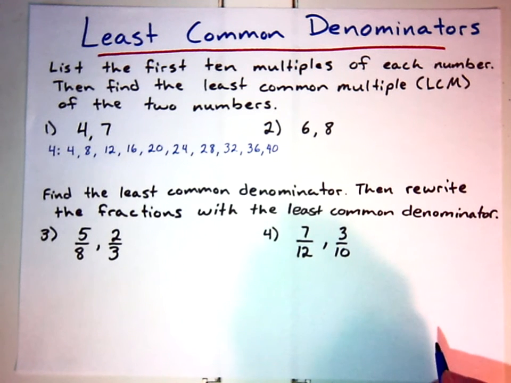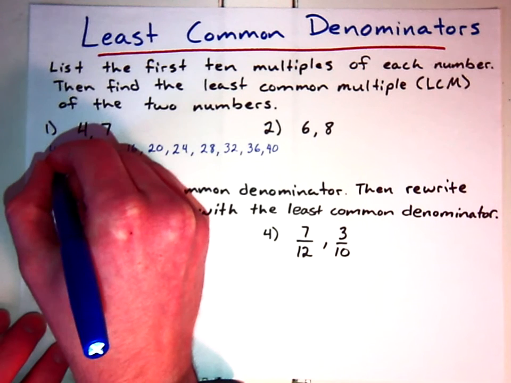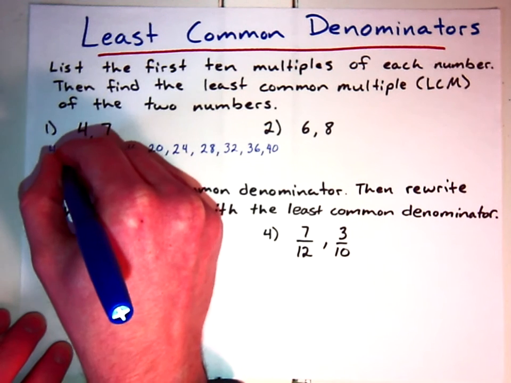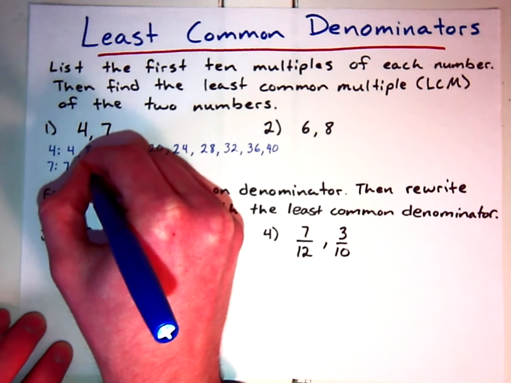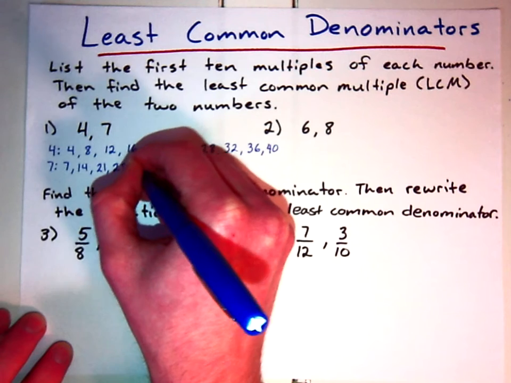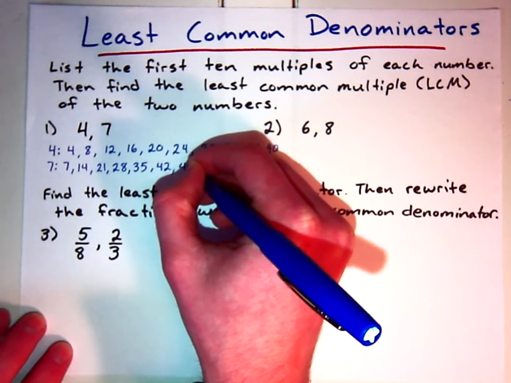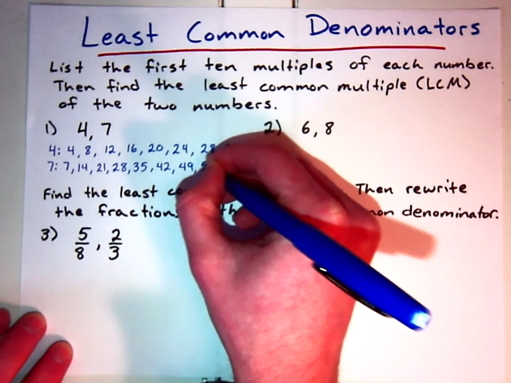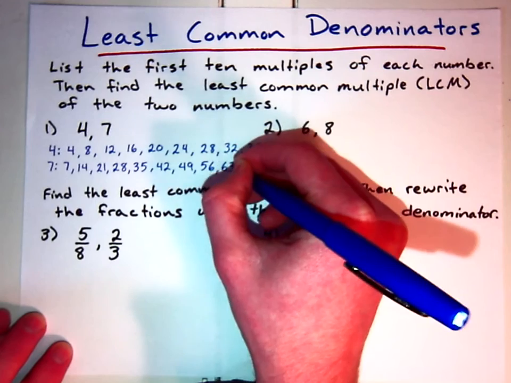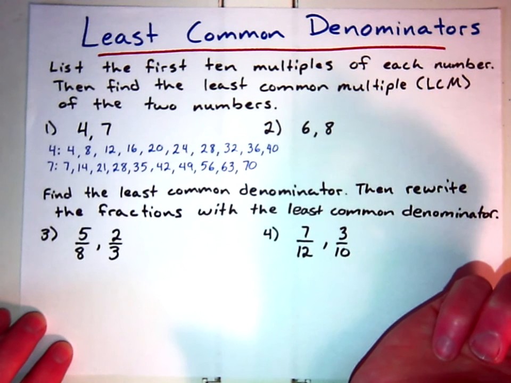So we found the multiples for 4, and let's do 7, okay? Well, 1 times 7 is 7, then we have 14, 21, 28, 35, 42, 49, 56, 63, then 70, and that is our 10th multiple, okay?